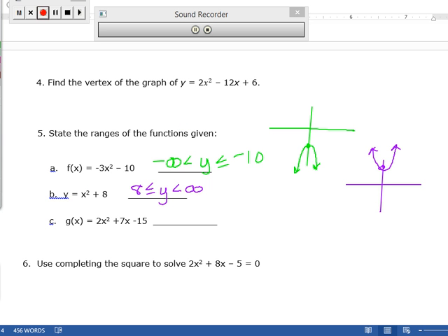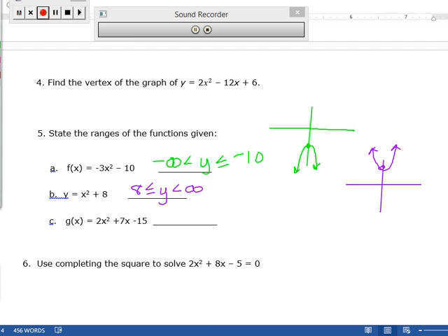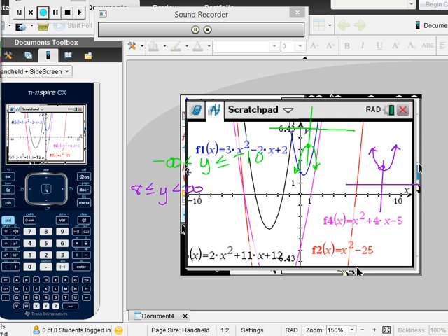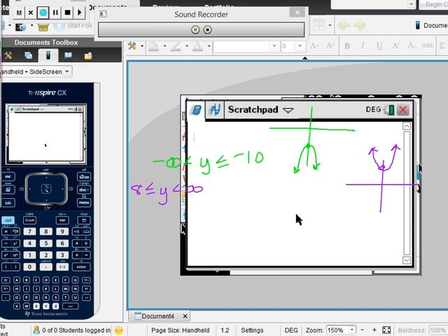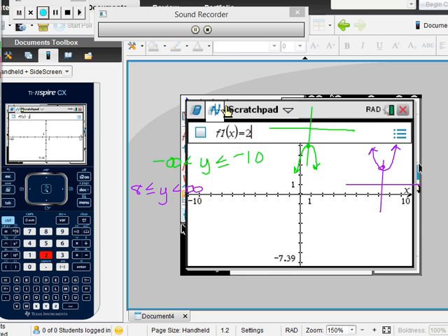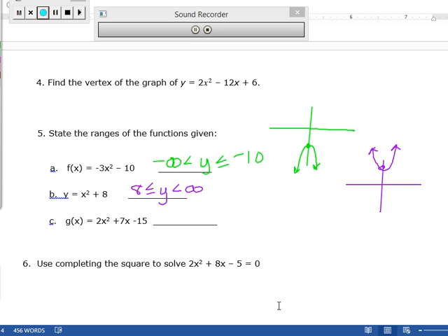On this next one, we need a little bit more information, so I'm actually going to graph this one. It's 2x squared plus 7x minus 15. All right, let's figure this out.